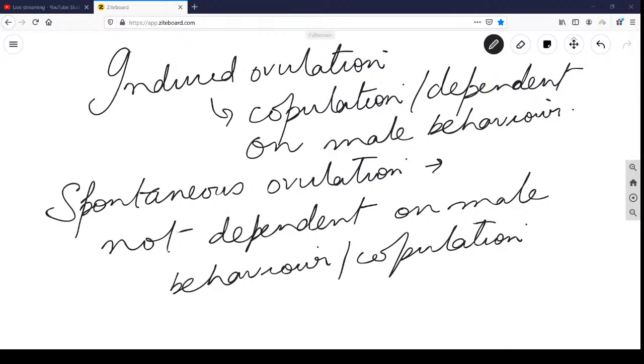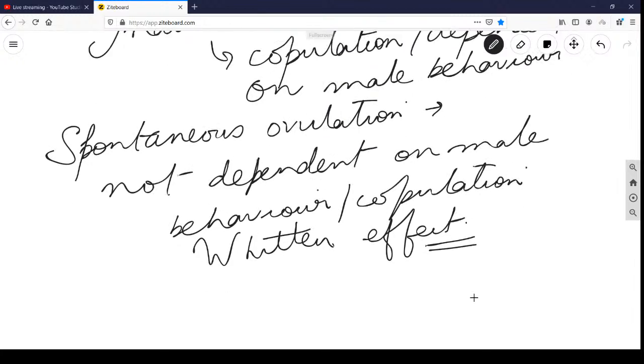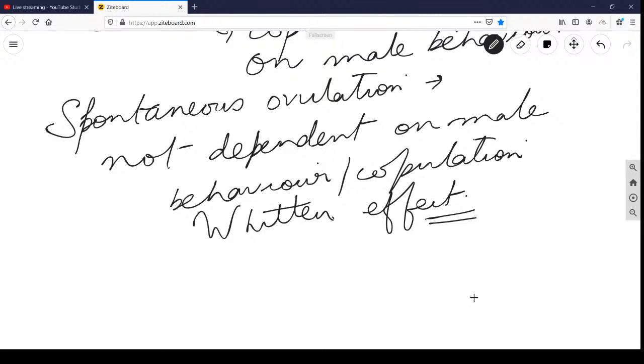It is known in some books as the Whitten effect. If you keep a lot of females and a lot of males together, the females whose estrous cycles were disrupted, most of them will align and reach estrus on the same day.